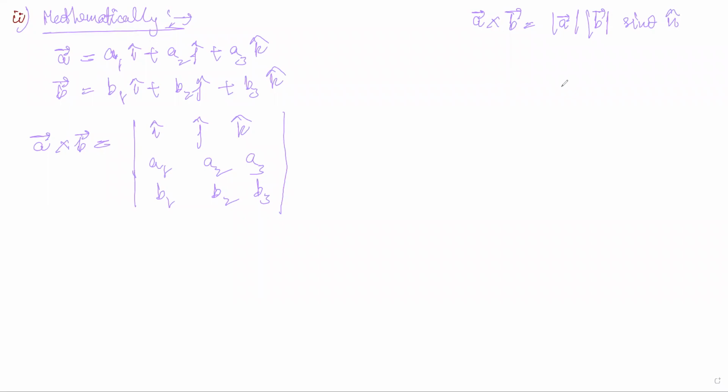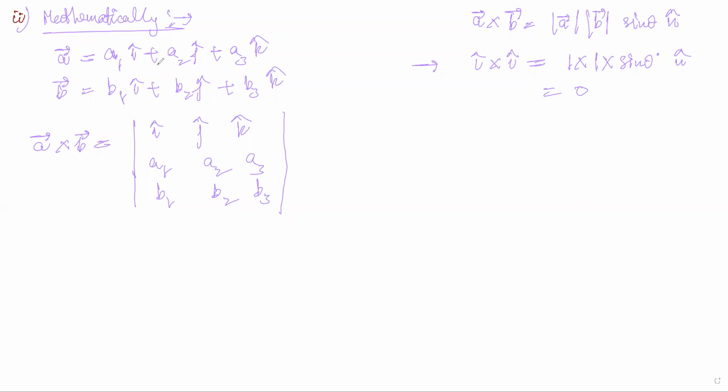Now, let's find out what is i cross i. The magnitude of i is 1, again the magnitude of i is 1. The angle between i and i is 0, so it is sine 0, which makes this 0. So when you multiply the same element in cross product, they become 0.